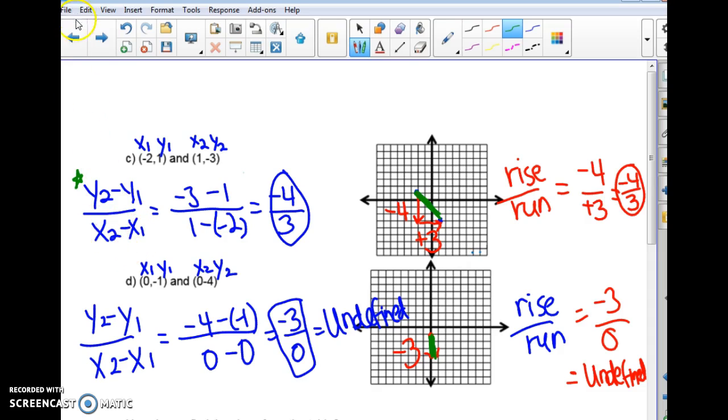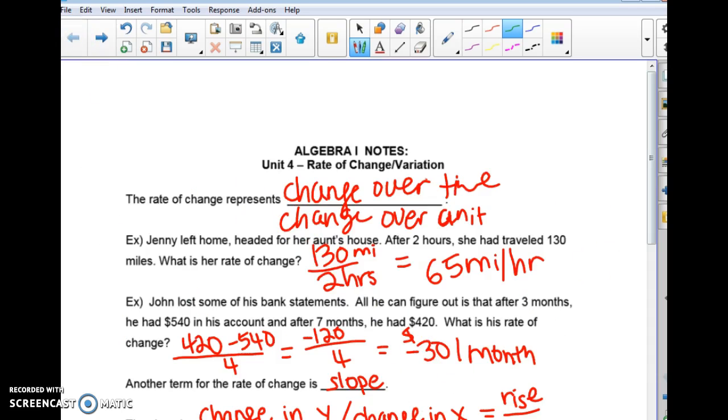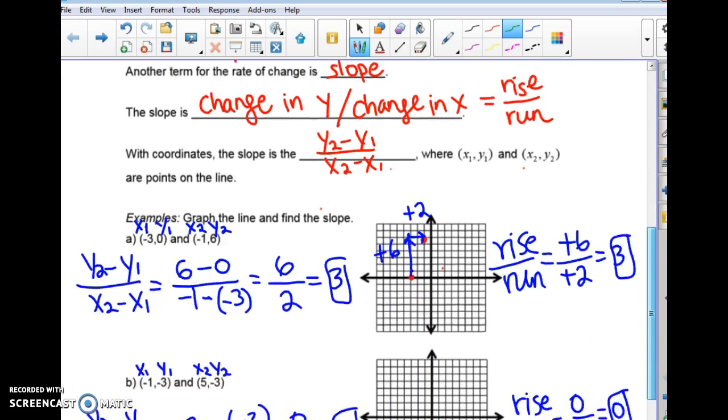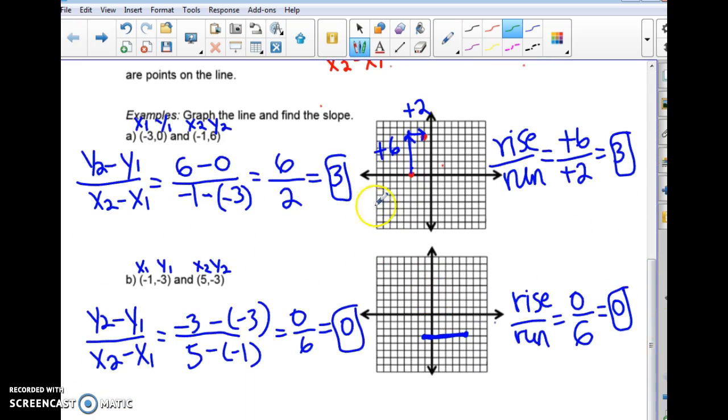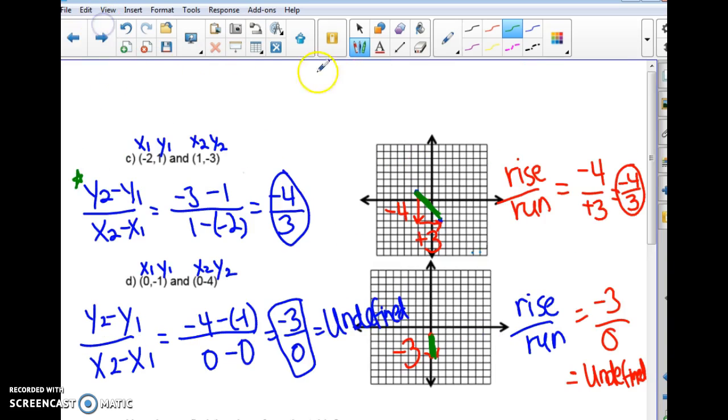So if you look at this, guys, there are 4 kinds of slopes. There is positive slope, zero slope, which is flat line. There is negative slope and undefined slope. We're going to do more practice in class, so I'll see you later.